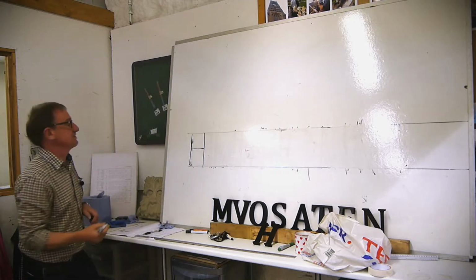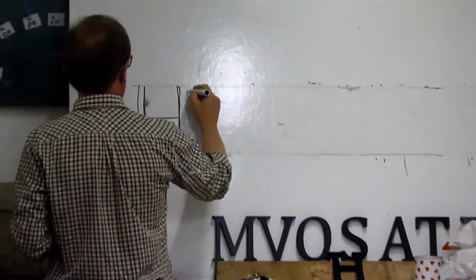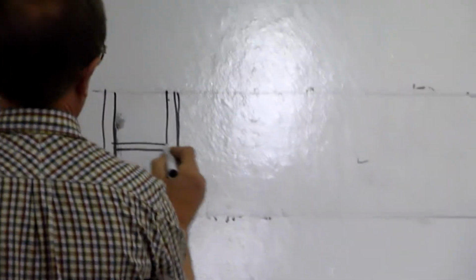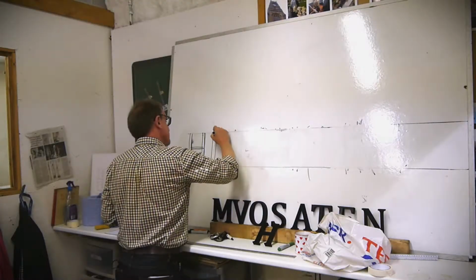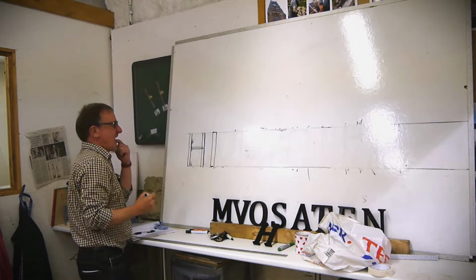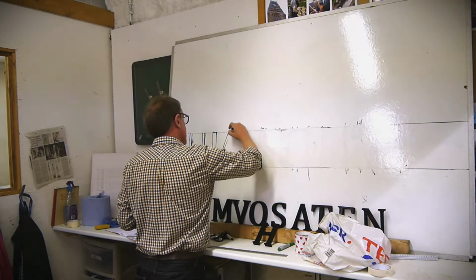we've got a letter H, then we'll have a letter, I'll block it out a bit, then we'll have a letter I, then we'll have a letter, let's say A, something there.